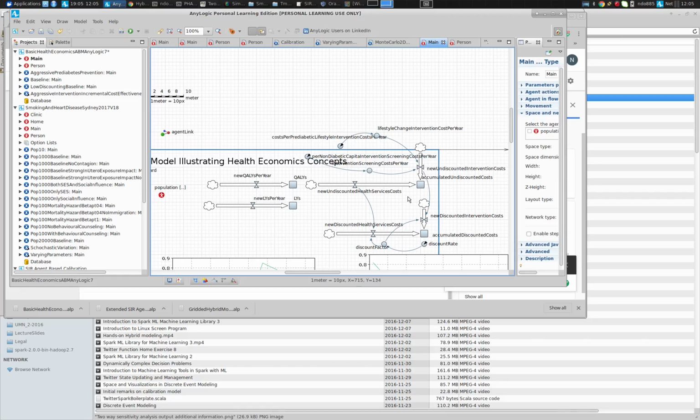Cost per year. If we have a stock of dollars, and our time unit is years, the flow into it is dollars per year. So those costs are going to come into this undiscounted flow. And then there's going to be some costs associated with interventions we're going to come to in just a minute.